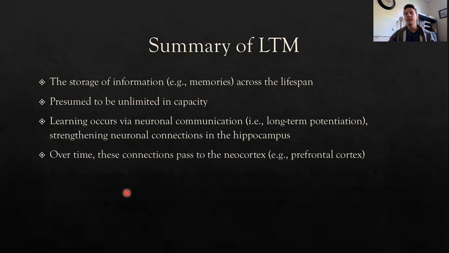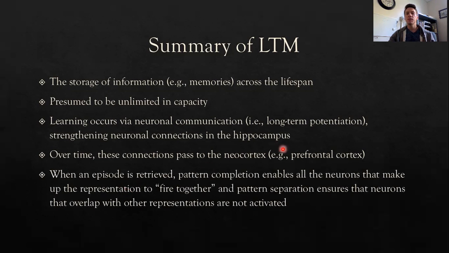So over time, these connections pass to the neocortex, that can be the prefrontal cortex. And when an episode is retrieved, pattern completion enables all the neurons that make up the representation to fire together, whereas pattern separation ensures that neurons that overlap with other representations are not activated.